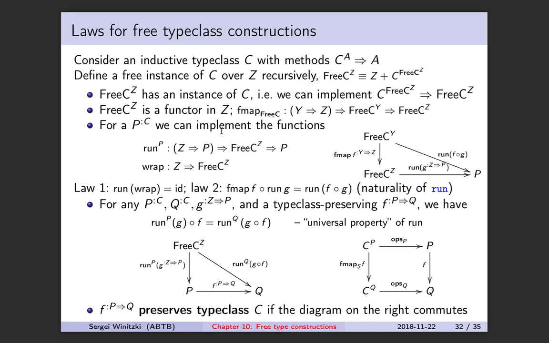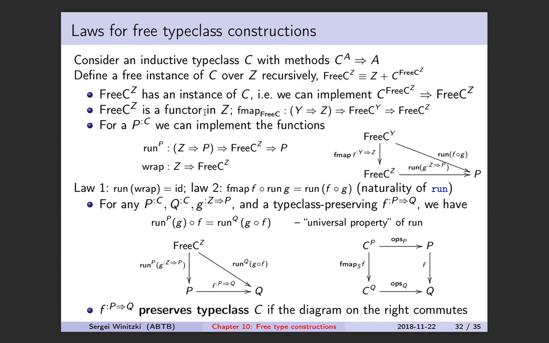So there are several general properties that this construction has. I'm not going to consider church encoding because church encoding is equivalent to this. It has exactly the same properties, but it's much more complicated to reason about. It's just a much more complicated type. I'm going to use a recursive algebraic or polynomial definition of a free type instance.